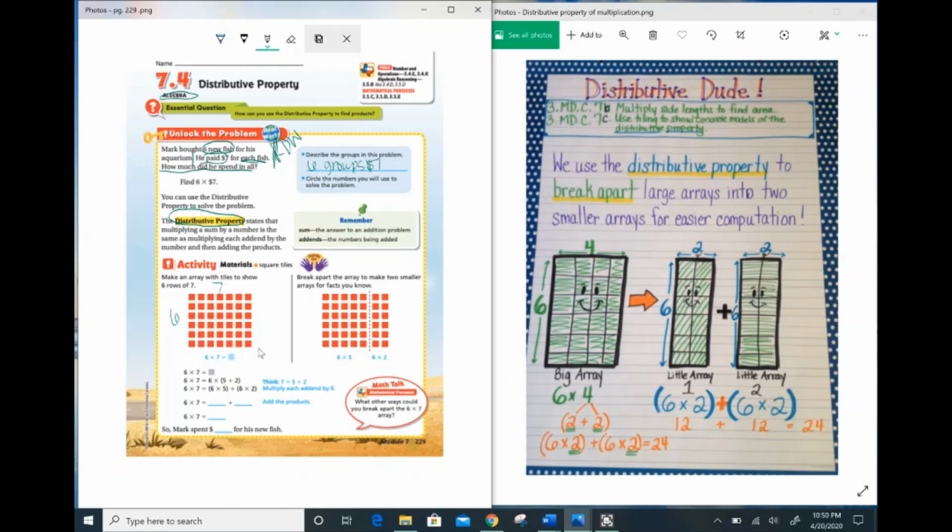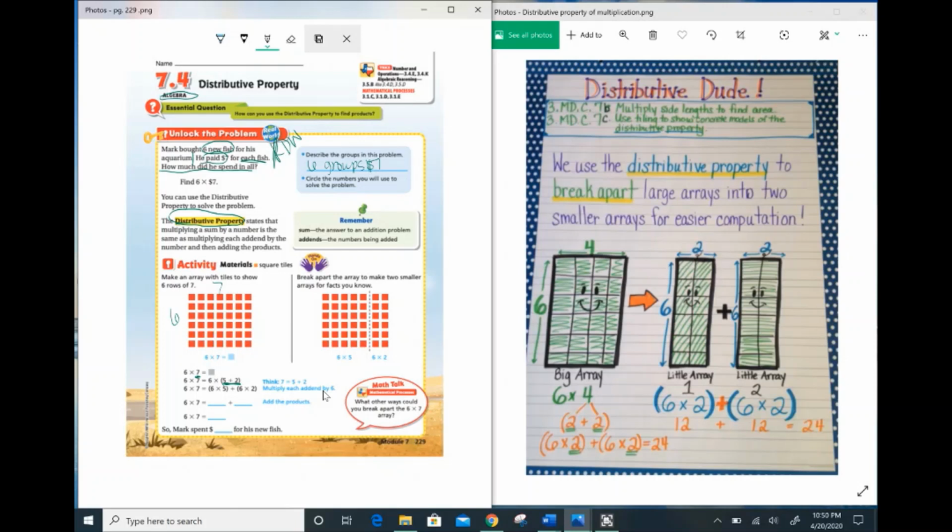How can we break this up? One of the ways I could break up 6 times 7, I know that 5 plus 2 is equal to 7. So I can multiply the 5 times 6 and then the 2 times 6 to find my answer.